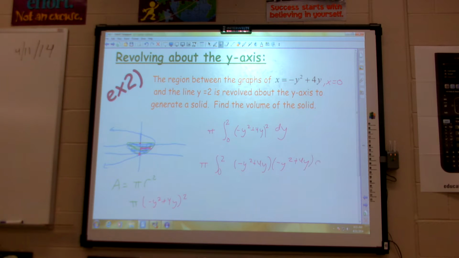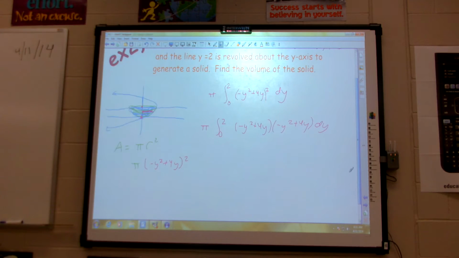Let's distribute. Minus 4y cubed. You're going to give me minus 8y cubed plus 16y squared. You with me there? Kind of FOIL just in my head.